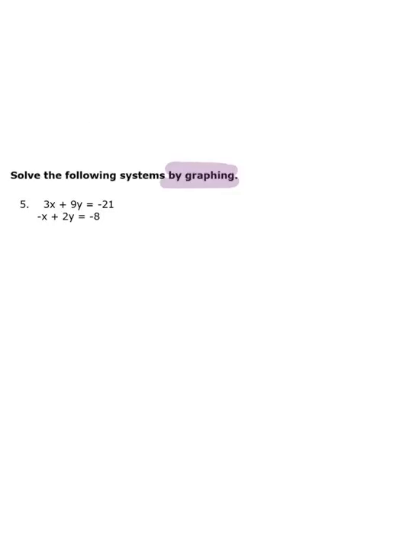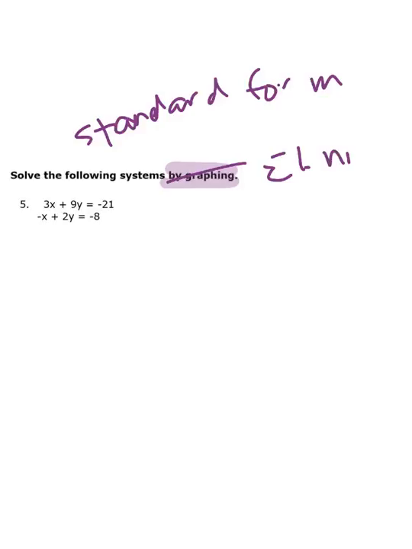And because it's in standard form, I'm going to go ahead and solve by elimination. That doesn't mean you have to either. That's just what I'm going to choose to do. So if I'm going to solve by elimination, I'm going to take a look at the variables.